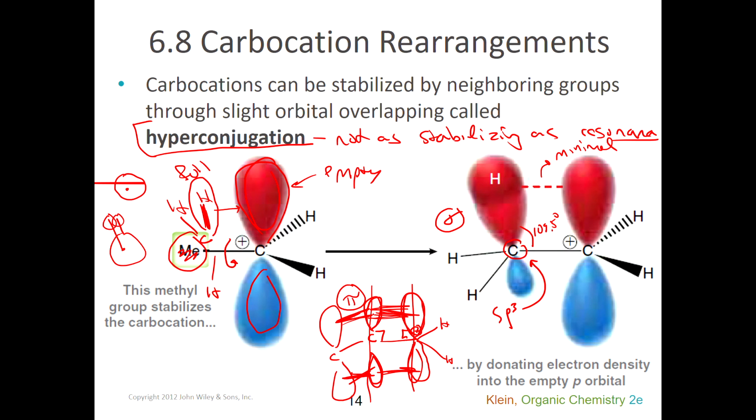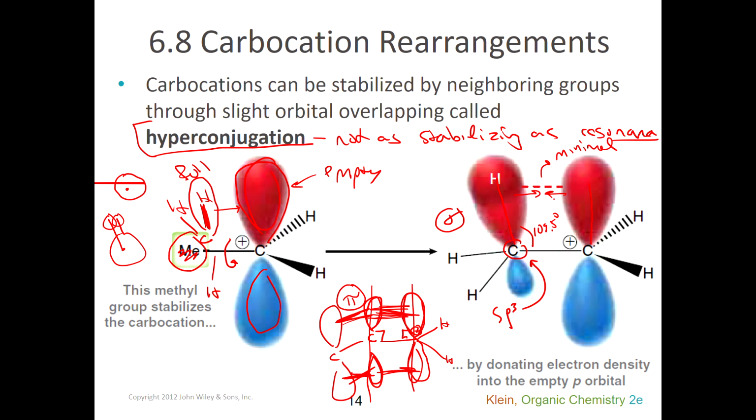In resonance, they overlap side by side. In hyperconjugation, they overlap side by side, but the angle of the sigma bond is kind of pointing away a little bit from the pi bond. They're not quite parallel. So there's not as much orbital overlap. And if there's less orbital overlap, there's less constructive interference in the molecular orbital that results from that atomic orbital overlap.